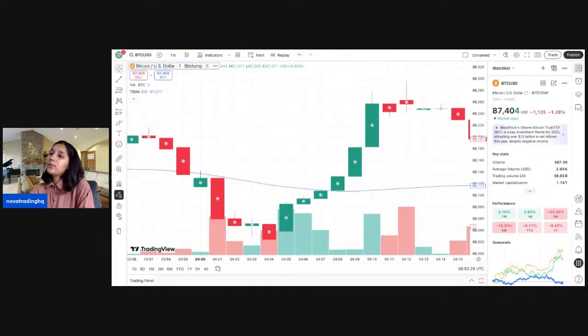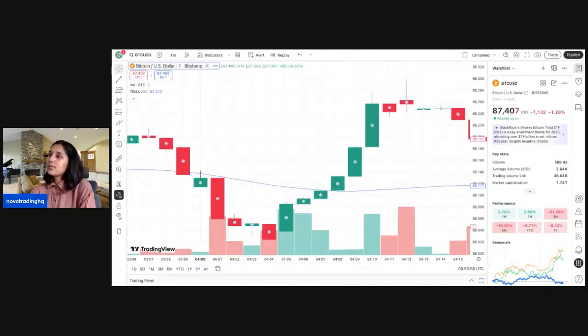Now, when you notice the next green candle during the time period of 4:03, right? You can see here, again there is a tiny green candle, like an imbalance kind of candle, right?